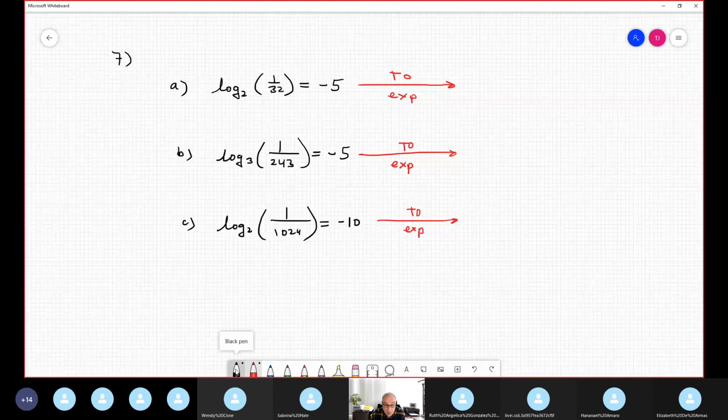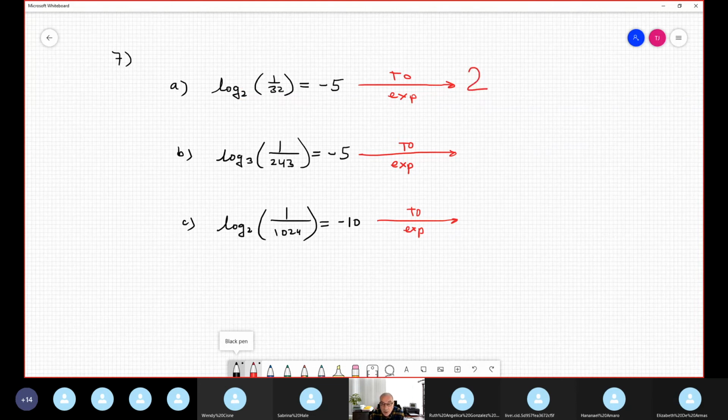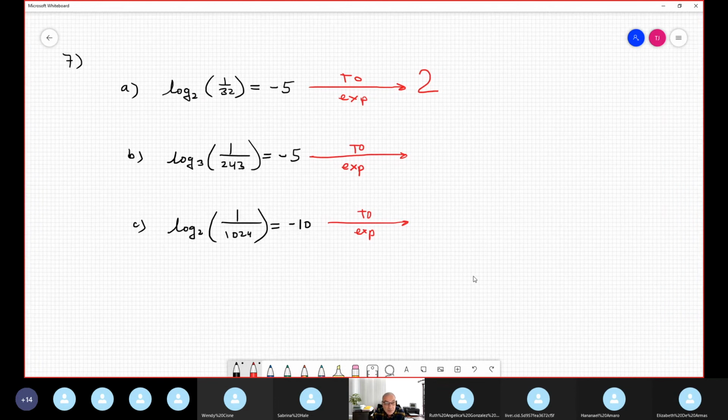There are many ways to understand that. However, in my opinion, the best way is to identify who is the base first. The base is this small number here, right? It's 2 in the first example, no? And you put a big 2 because now it's the base in our new way to see the problem, the exponential statement.